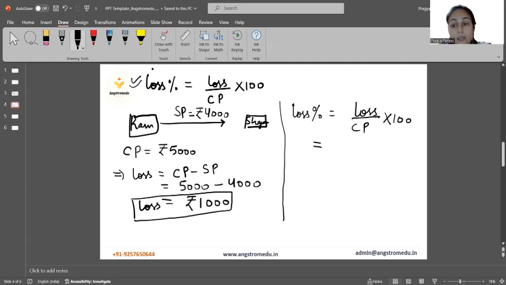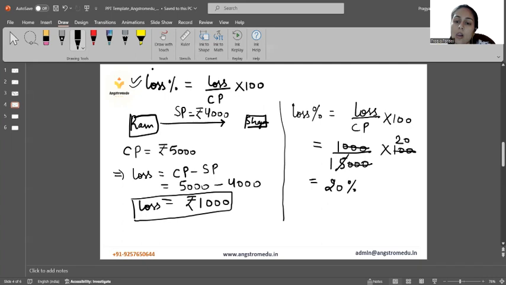Loss is 1,000. Cost price is 5,000. And we have to multiply it by 100. So 5 ones are 5, 5 twos are 10, and 0 as it is. So we will be getting 20% loss this time.